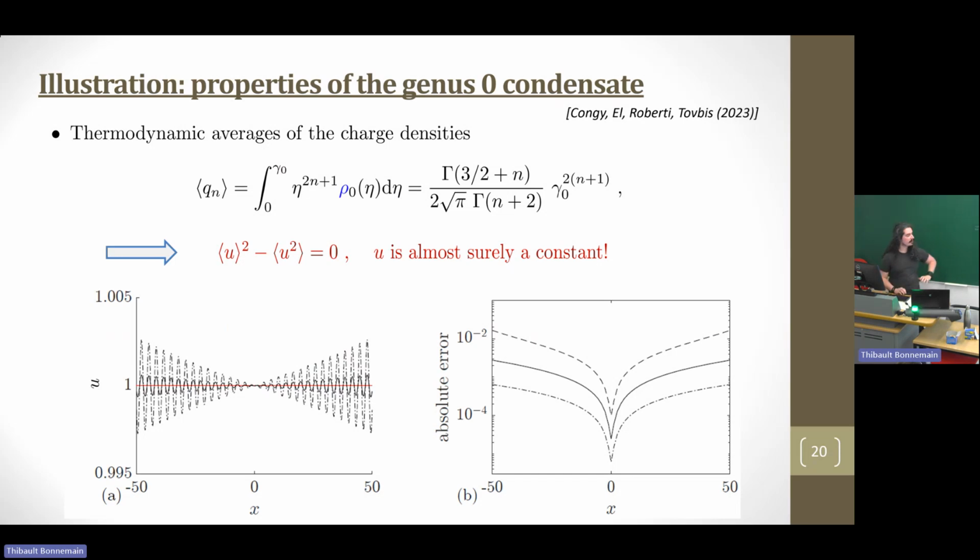But another interesting aspect with the condensate here is that if you recall during my second lecture, I told you that if you're considering a band gap spectrum that involves only one band, then the associated solution to KdV is a constant. So here we have also a constant.